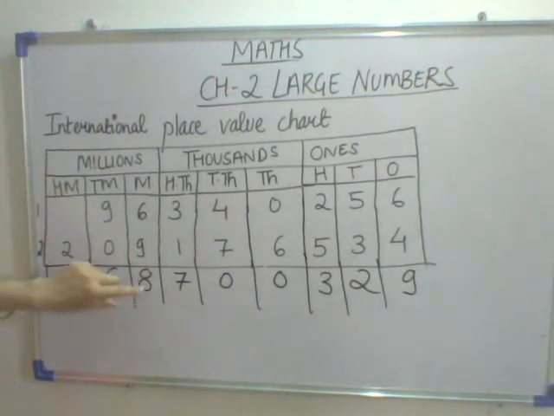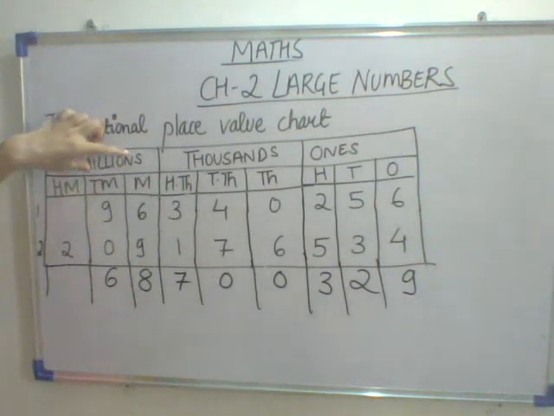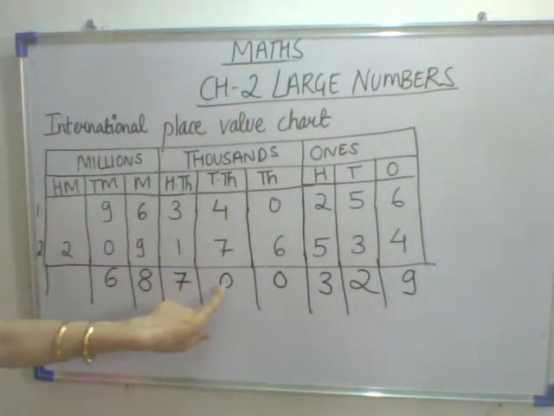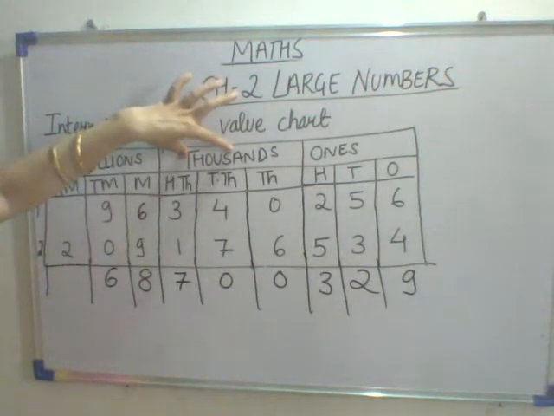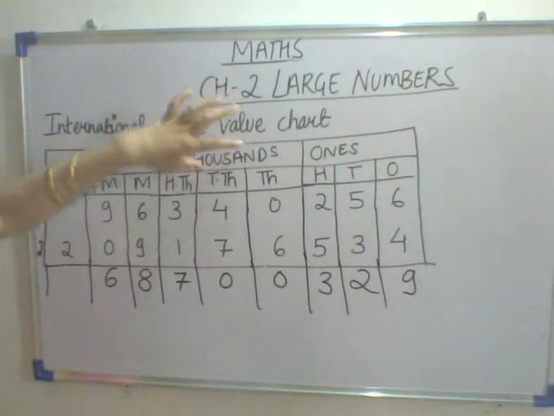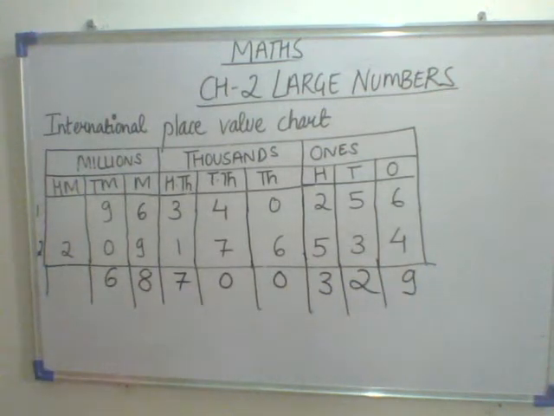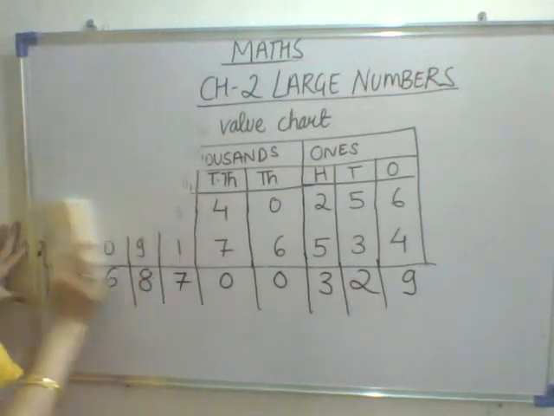See above 68, which column is there? It is million. So 68 million. Next 700, and what is written? Thousand. So it is 700 thousand 329. In this way we write the given number in international system.